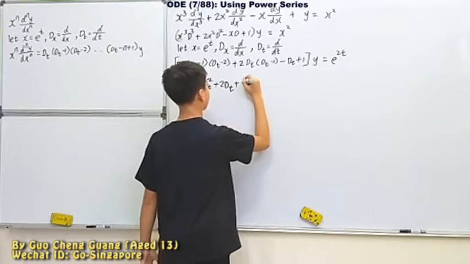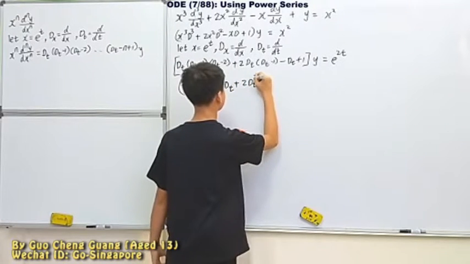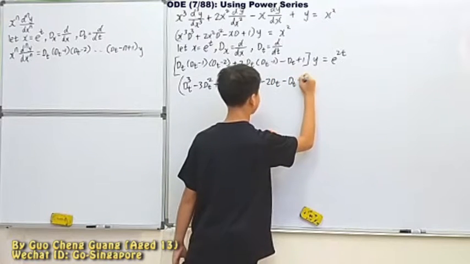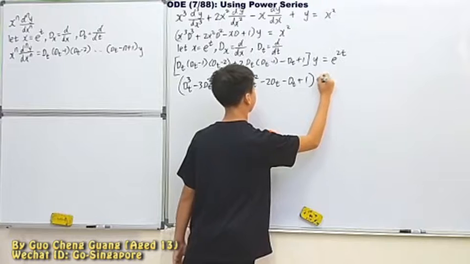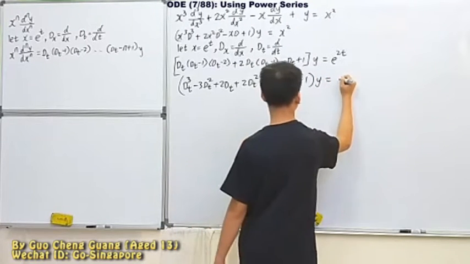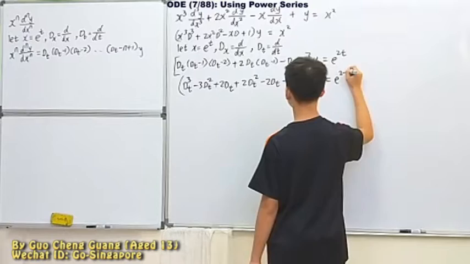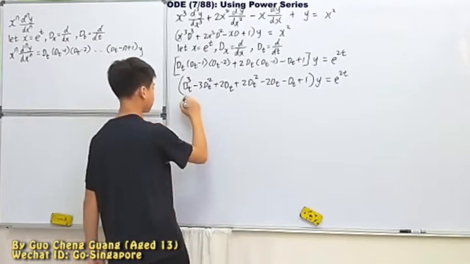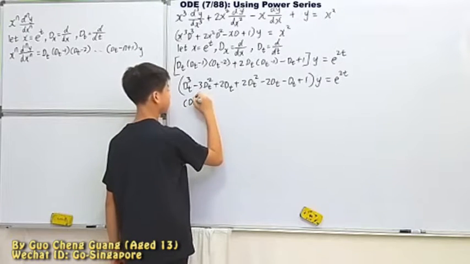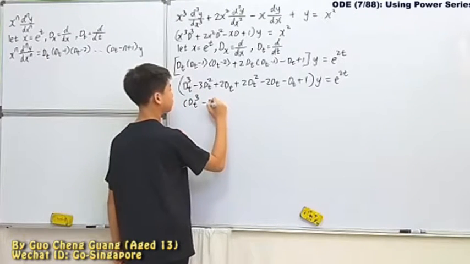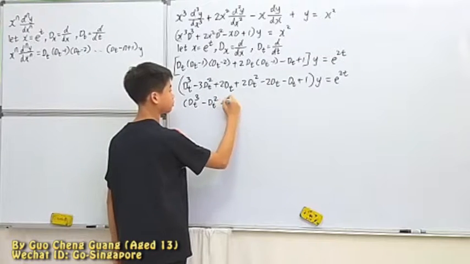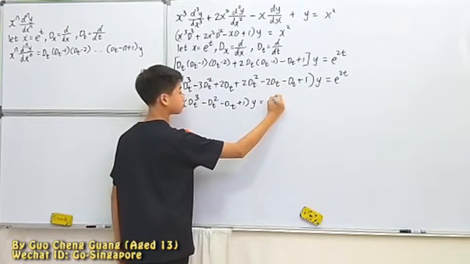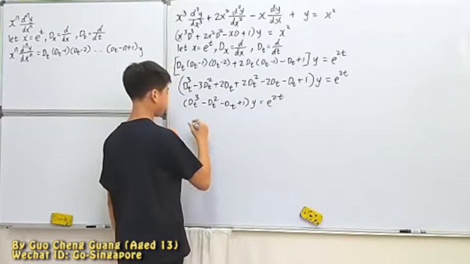So then add 2D squared, then minus 2D, then minus D, then add 1, then y. Then it will be equal to e to the power of 2t. Then after that, you combine the parts that you can put together. And this is what you get.